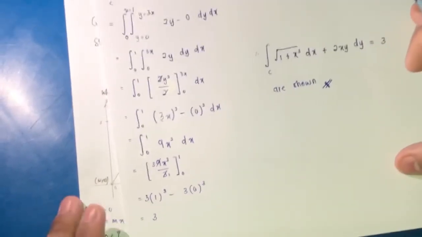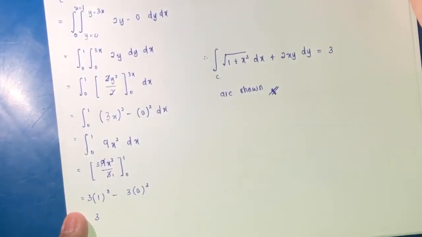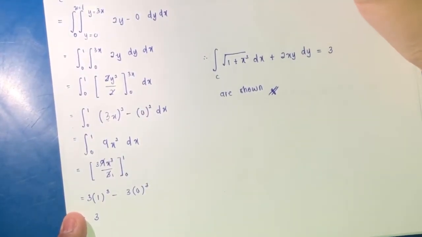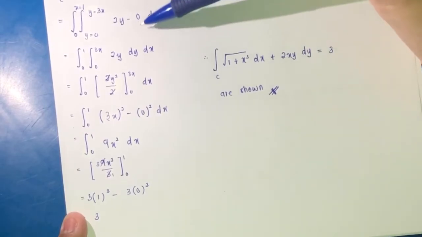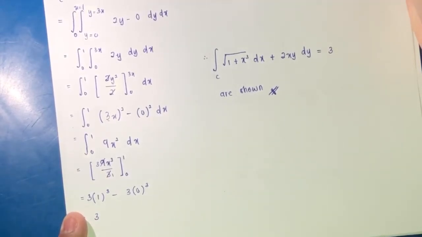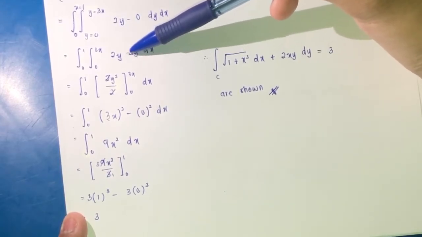We also already found del p over del y and del q over del x, so we include them in the Green's theorem equation, and we get this.